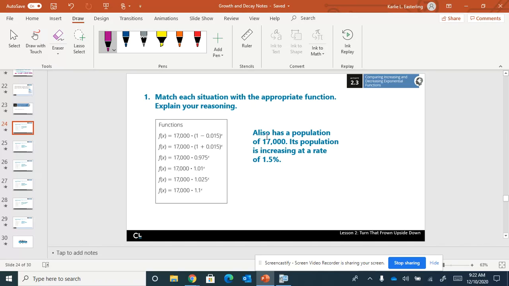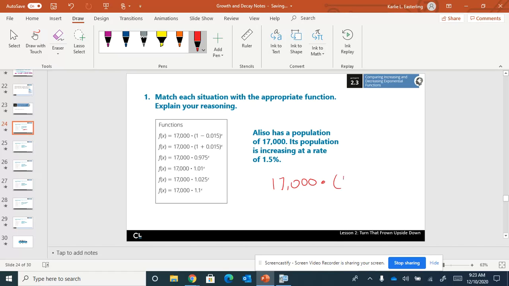So Aliso, I do not know how to pronounce this, but this place has a population of 17,000 people. So remember, that's our starting value, so that's our a. Its population is increasing at a rate of 1.5%. So it's giving us the percent value at which we are increasing.